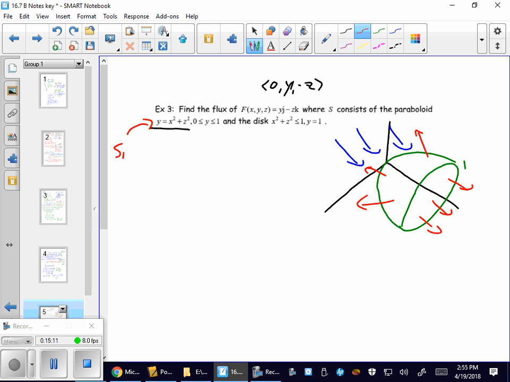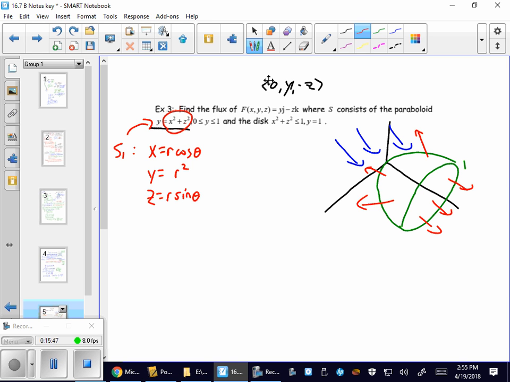We can define this cylindrically or polar. So x is going to be r cosine theta. Here's the difference. y is not going to be r sine theta. In this case, the z part is the r sine theta because of the way it's oriented. And y is a function of x squared plus z squared, which is r squared cosine squared plus r squared sine squared, just r squared.